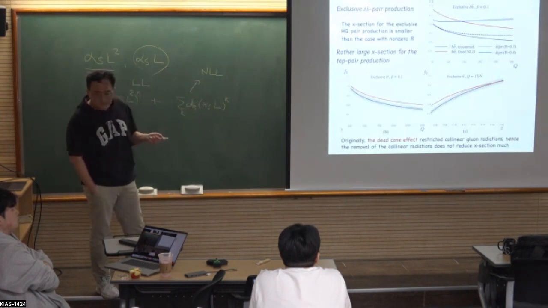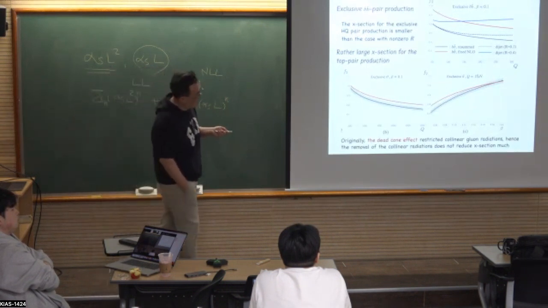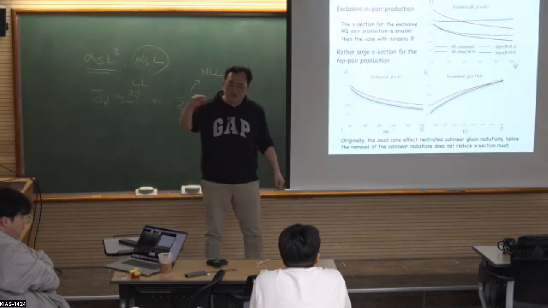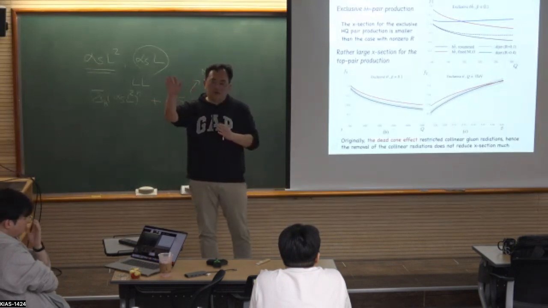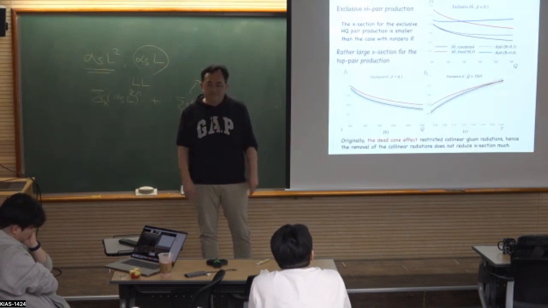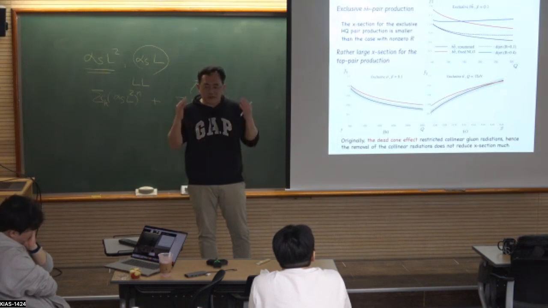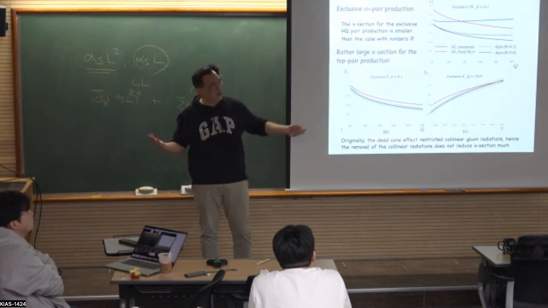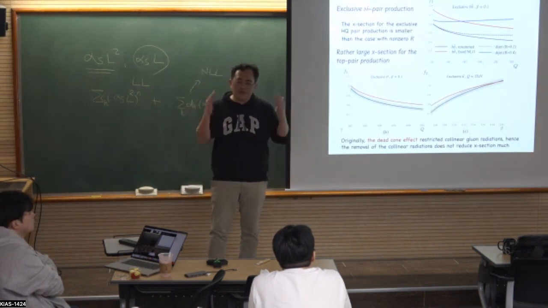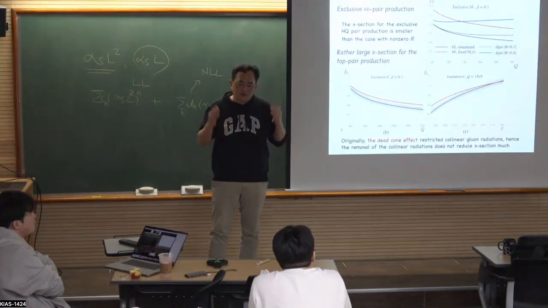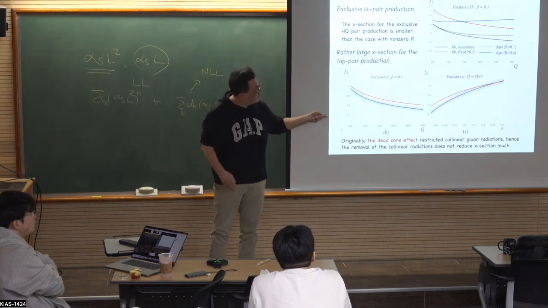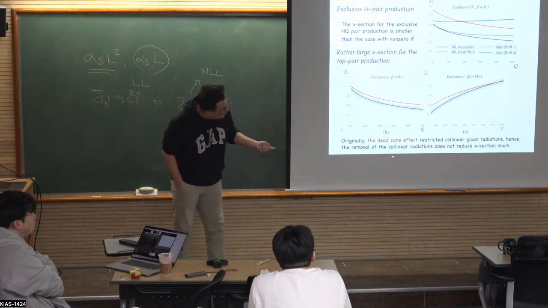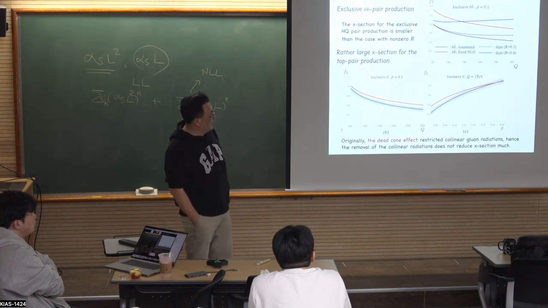Basically, the dead cone effect restricts the collinear gluon radiation, I mean, at very narrow angles relative to the energetic heavy quark. Okay, so this would be the basic picture. The basic configuration is not much different from this exclusive case, so it doesn't give us much suppression.